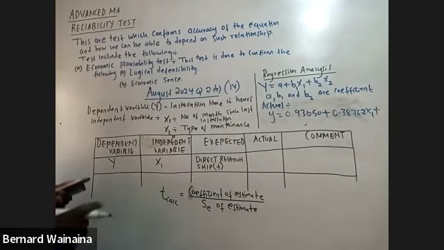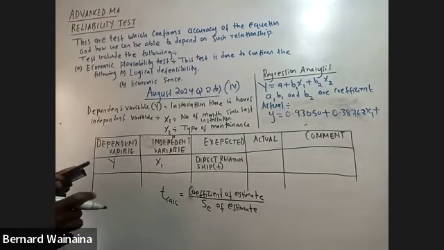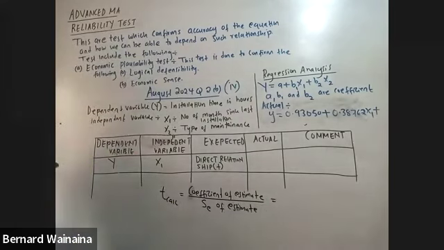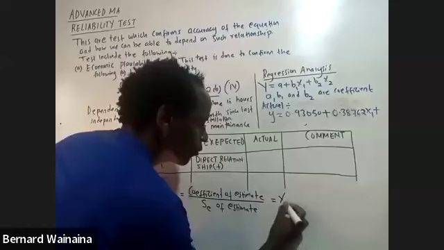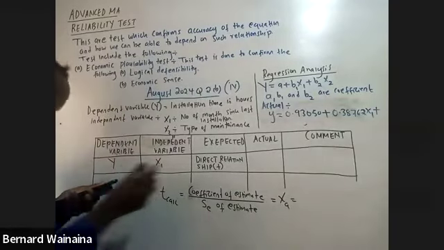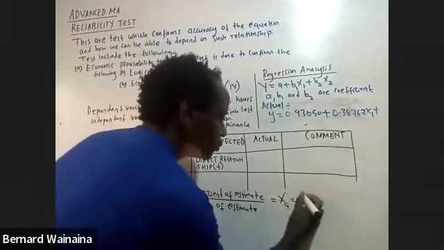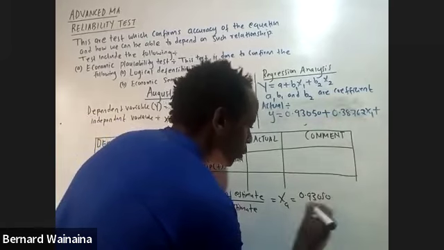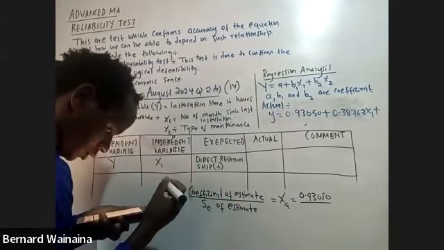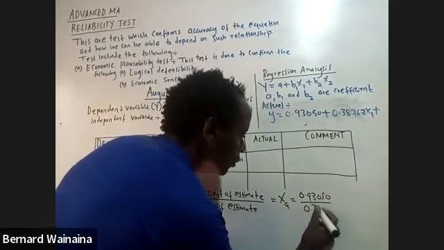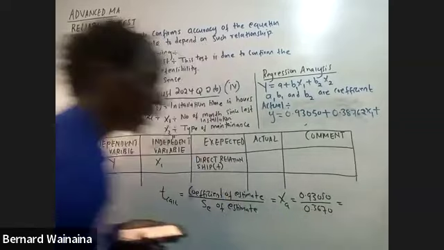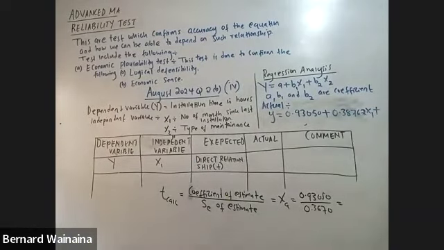So the first one, together with the constant. Do you see the constant? Now, if you were to find T, let me show you. For you to find T for A, the coefficient of the estimate is 0.9350. We divide by 0.3670. So what will be your T calculated?